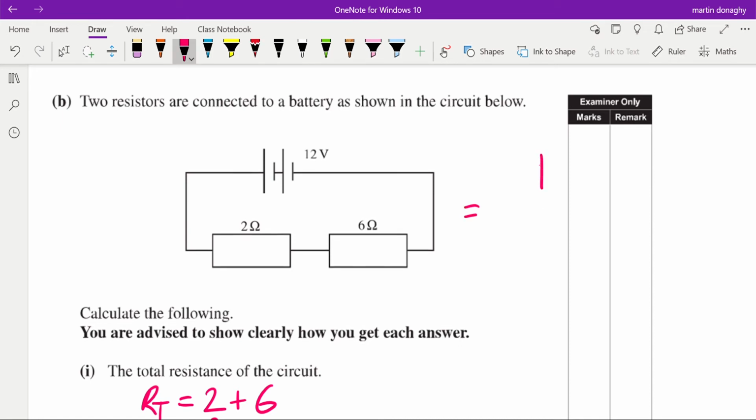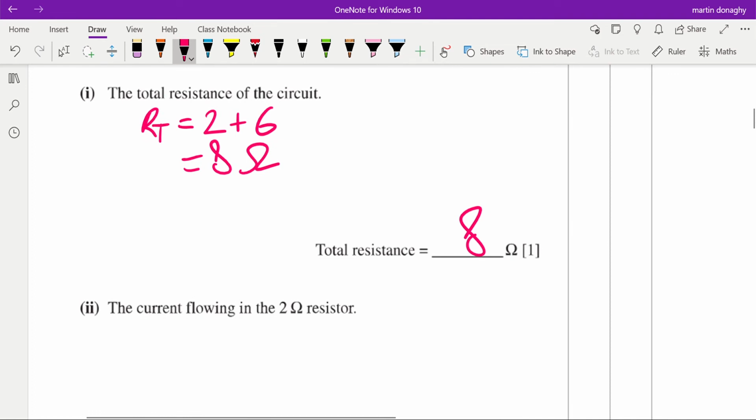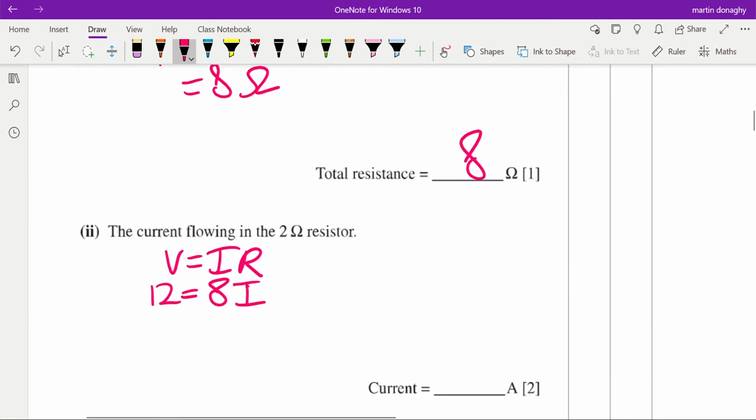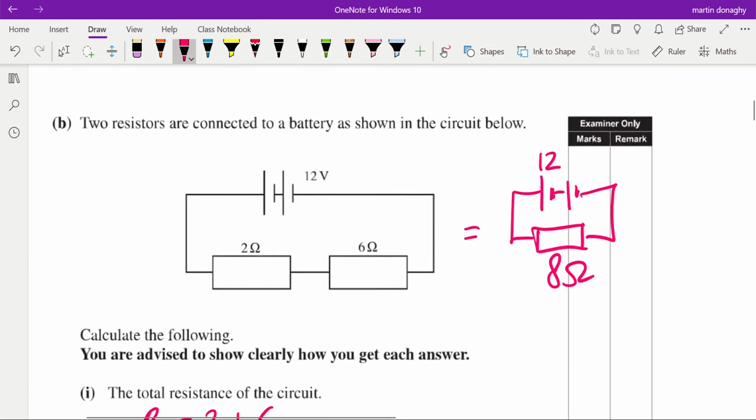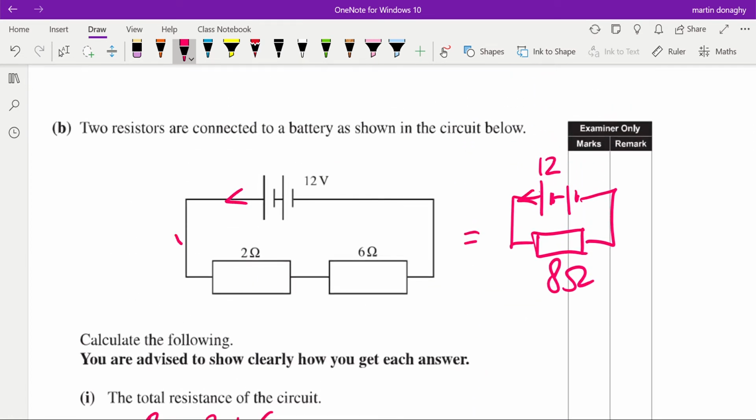However, we have said that that circuit is equivalent to a single resistor of 8 ohms. So if I do V equals IR with the 12 volts and the 8 ohms, I can do 12 divided by 8 equals I, which is 1.5 amps, and that's the total current in the circuit, the current that flows out of the cell.